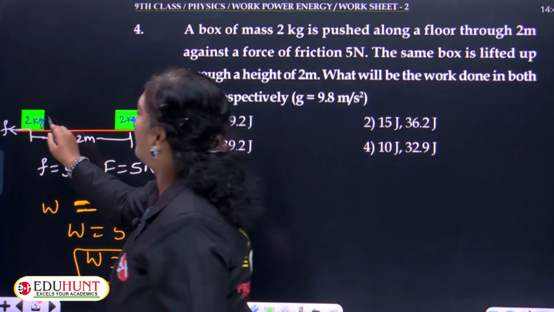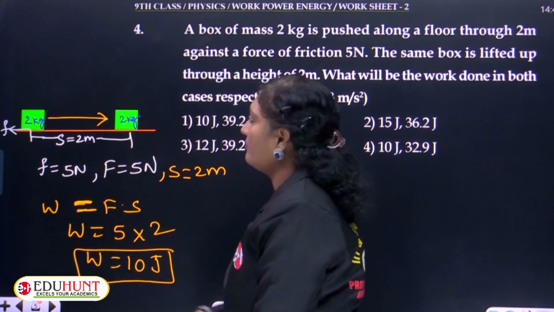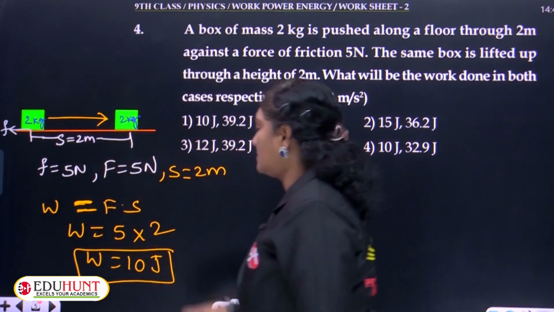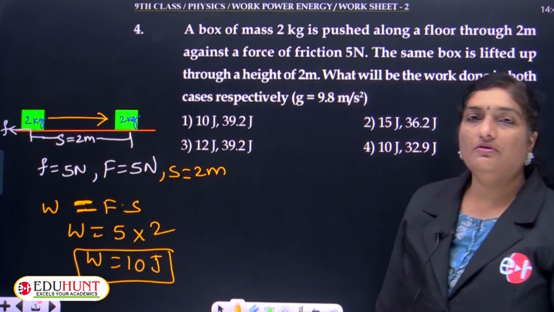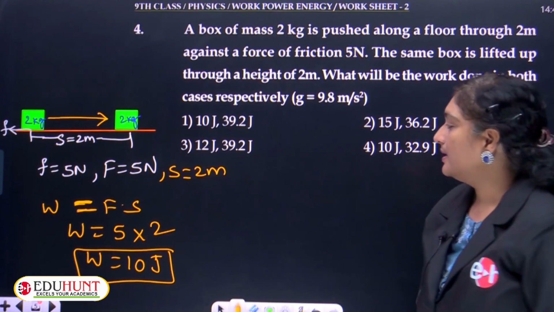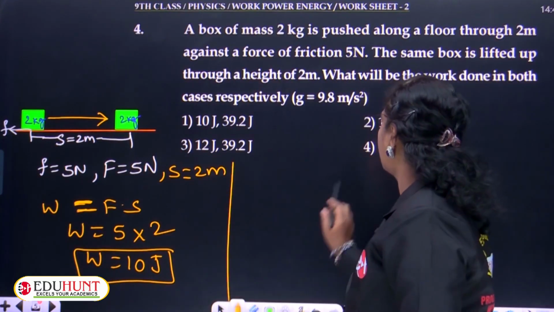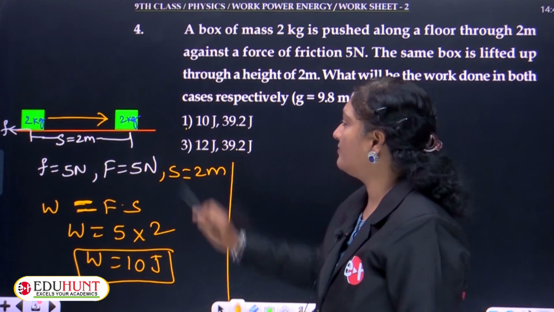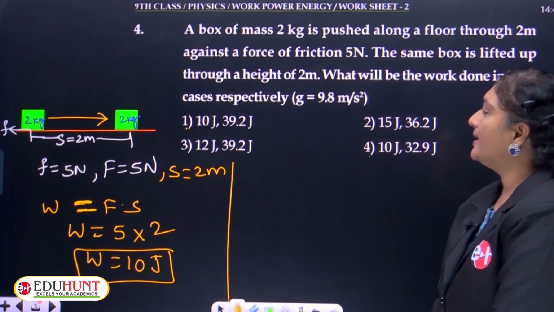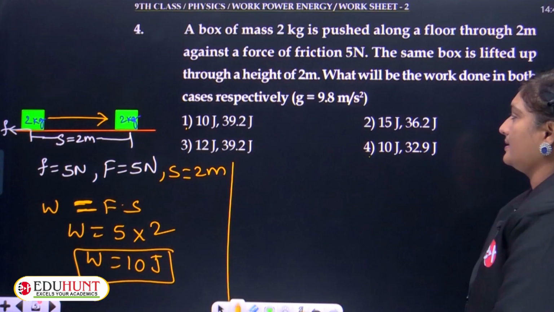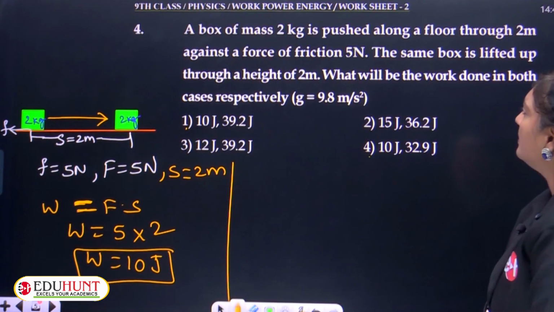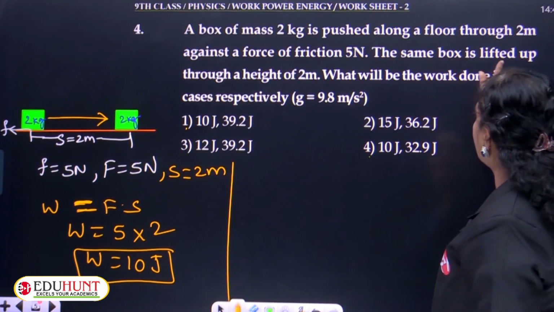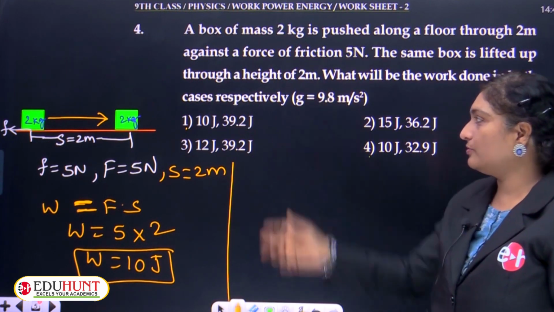So in displacing the block from the initial position to this final position, the amount of work done is taken as 10 joules. So where is the 10 joules? Maybe the fourth option or the first option might be true. So let us also check the second case. In the second case, what they did is the same box is lifted up through a height of 2 meters.